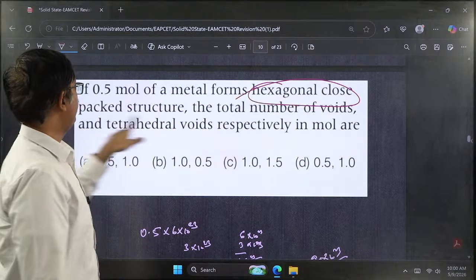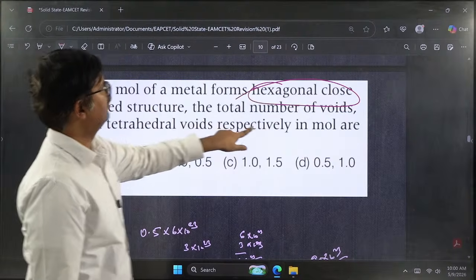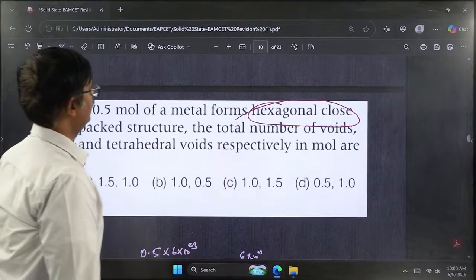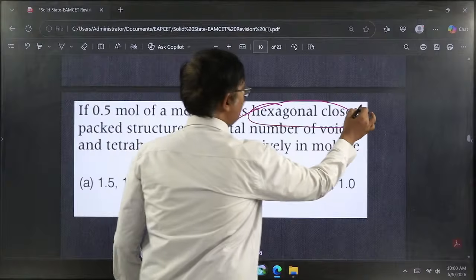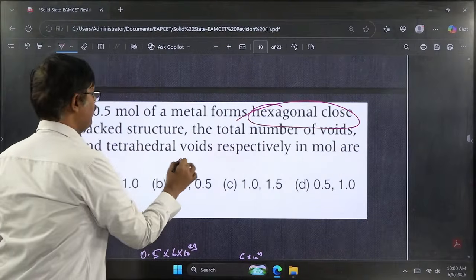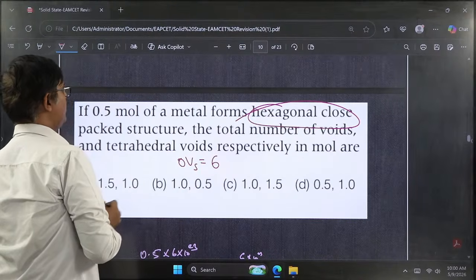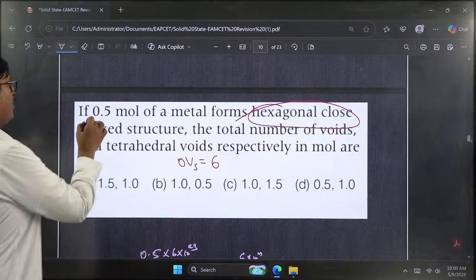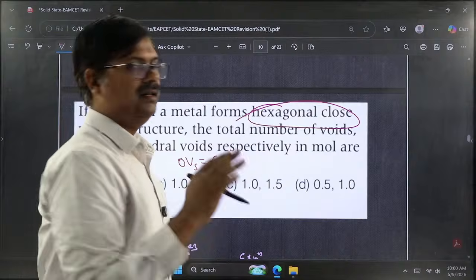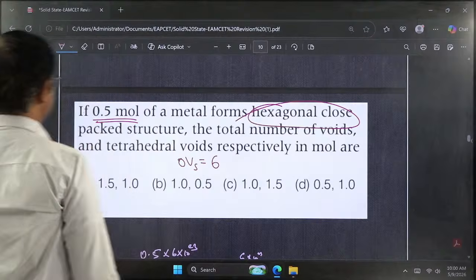The question asks the total number of voids, and tetrahedral voids, in moles. First, we will find out in 0.5 moles how many atoms are there. Then the same number of atoms, OVs will be there, and double will be TVs. Okay, we will do like that.